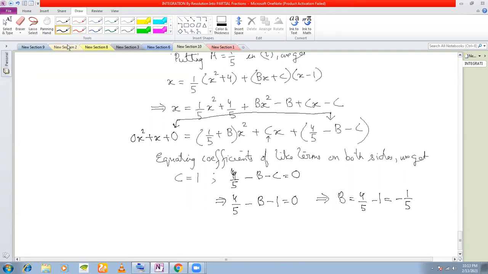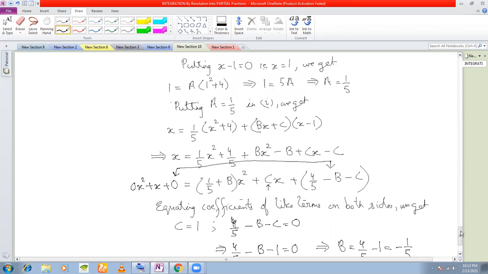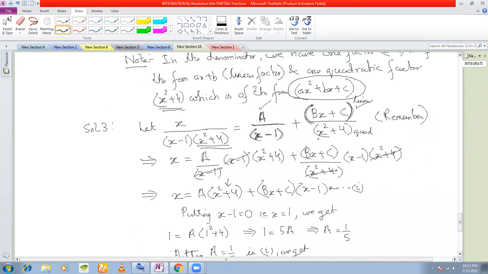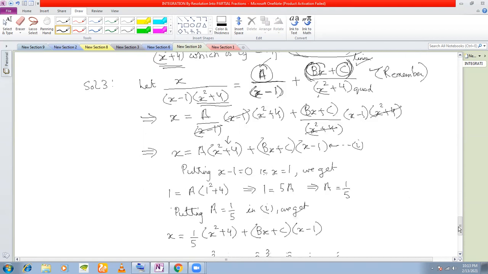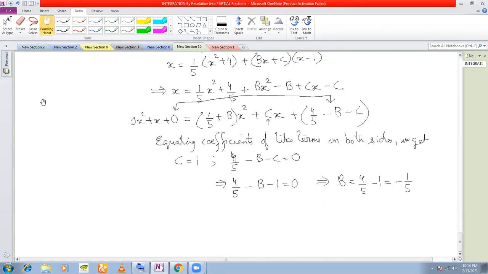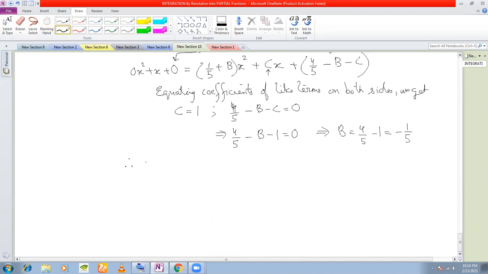So you have got the value of b and c, and you got the value of a. So all the coefficients have been found. You have got the value of a, b, and c. So put it here. Therefore, x by x minus 1 into x square plus 4 is equal to a by x minus 1.